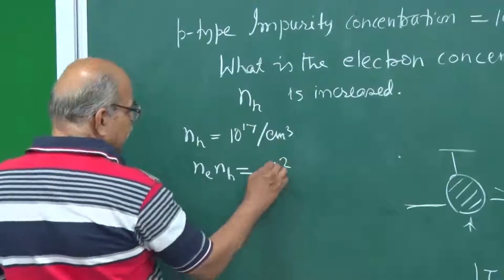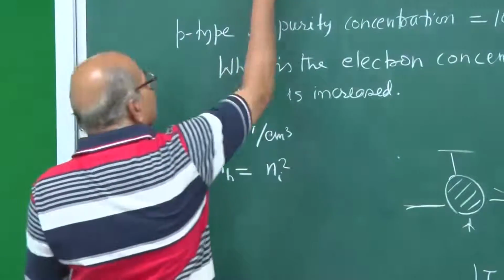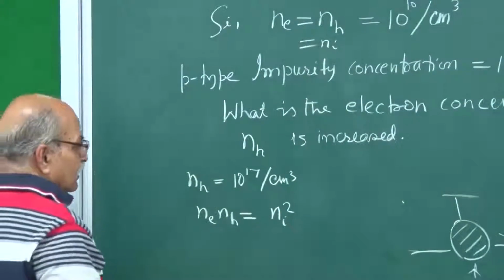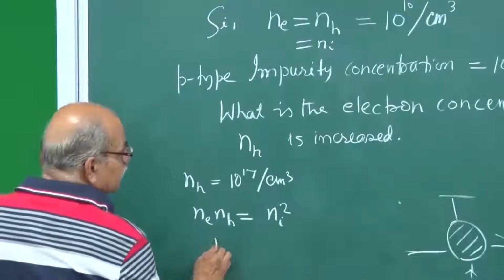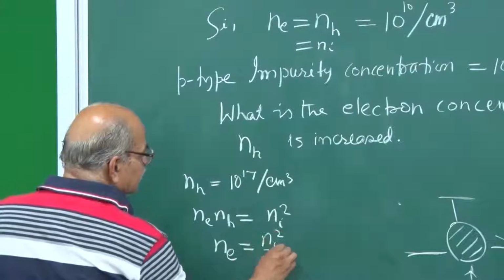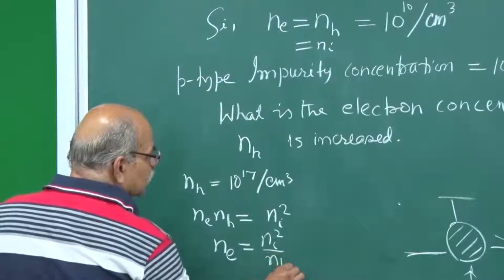and that is Ni square, the intrinsic concentration square. This thing is Ni, and therefore Ne is equal to Ni square divided by Nh.